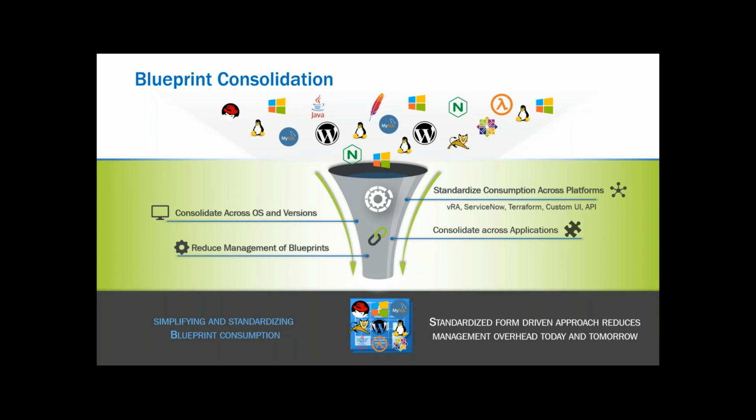A lot of people will talk about the vRA catalog, but people are consuming vRA from things like ServiceNow, using the vRA Terraform provider, hitting the cloud client, or using the API, or whatever it might be. And having a more standardized consumption model makes it a lot easier to consume vRA from all these different services as well.